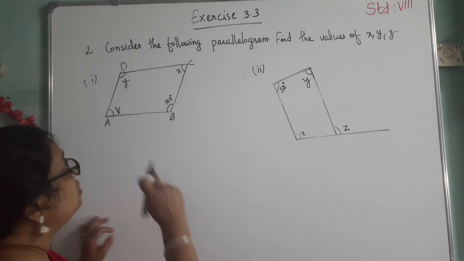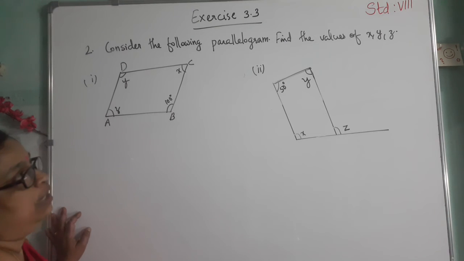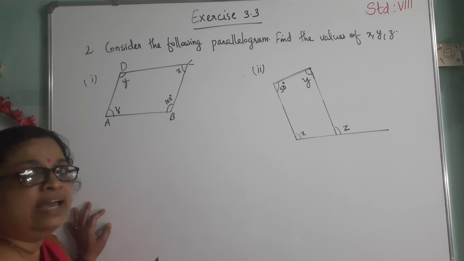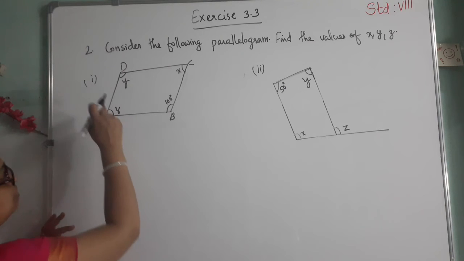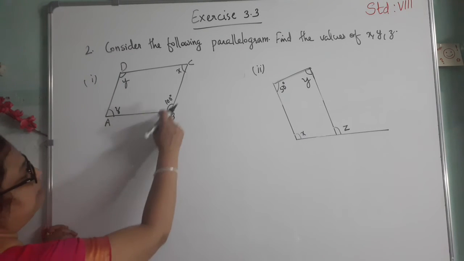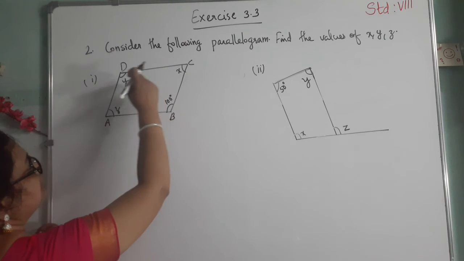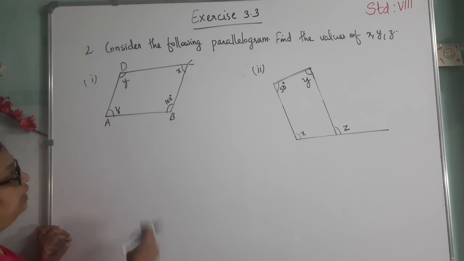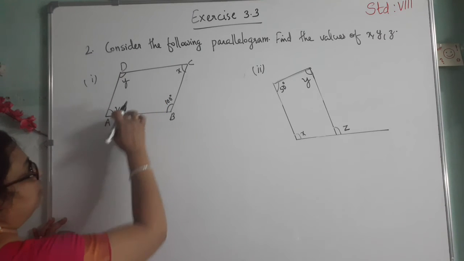Okay, in the second question, consider the following parallelograms. Find the values of unknowns x, y and z. First figure, ABCD: angle A is z, angle B is 100, angle C is x, angle D is y. So we want to find x, y, z.